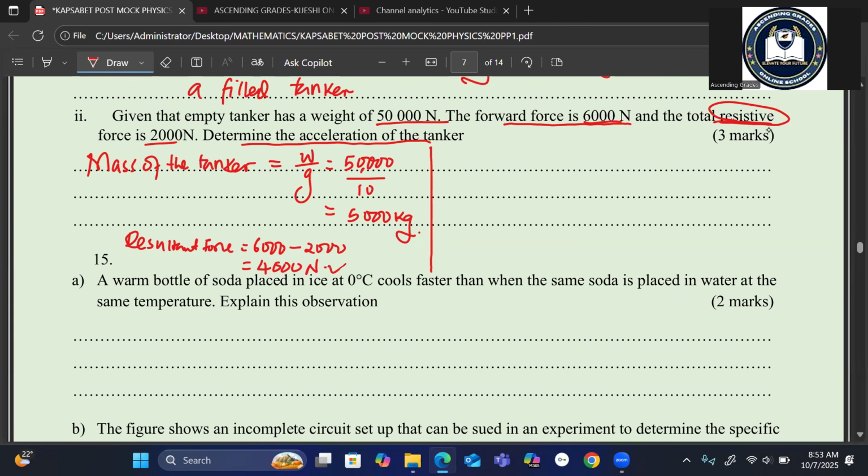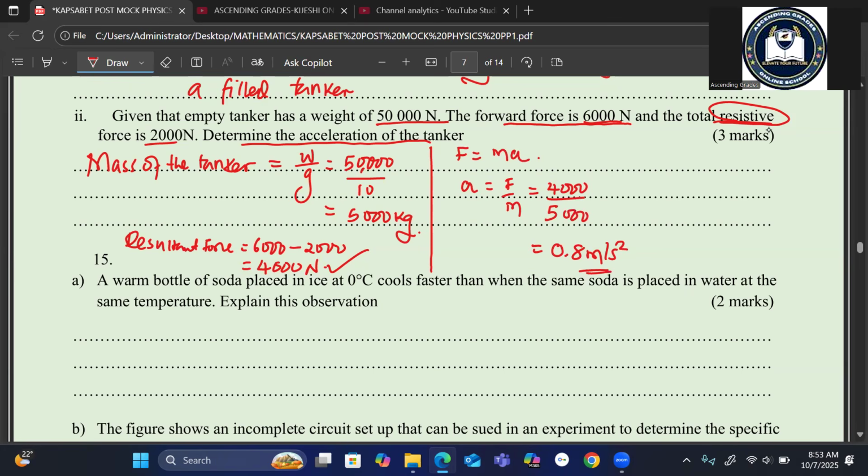So now, after you get F as 4,000, from force is equal to MA, then our A will be given by force over M. And this is 4,000 divided by a mass of 5,000. I'm going to land at 0.8 meters per second squared.